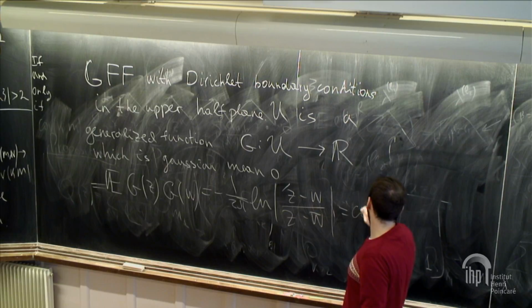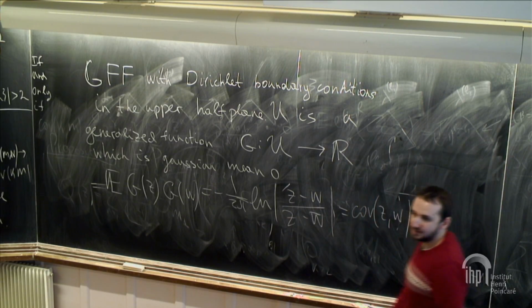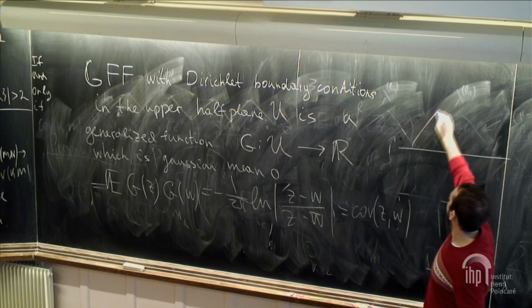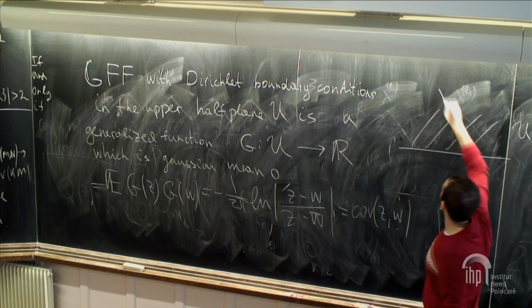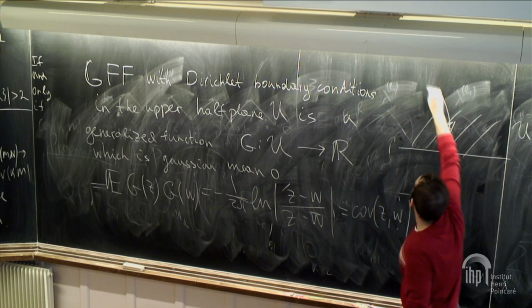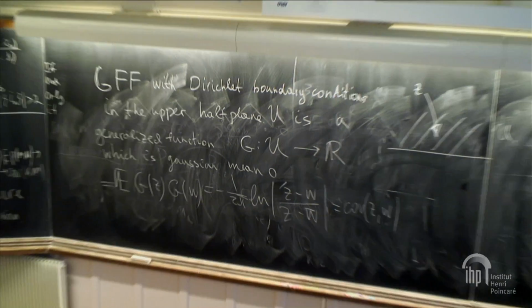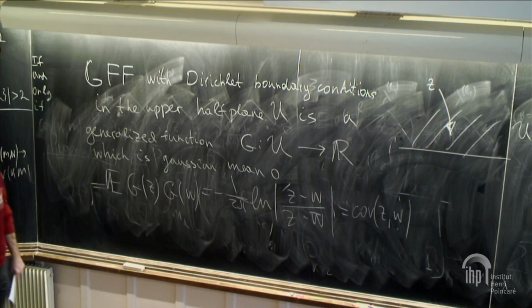And that we'll call the covariance of z and w. Here z and w are treated as just complex numbers in the upper half plane. So we live in the upper half plane U, and that's a complex coordinate here. There is no i, just 1 over 2 pi, so that's a real number.